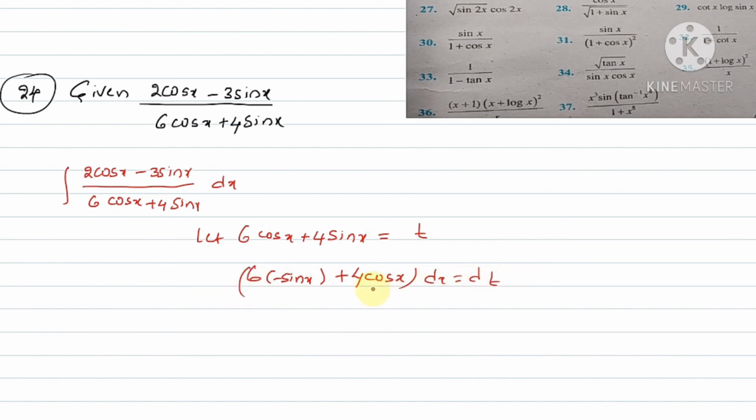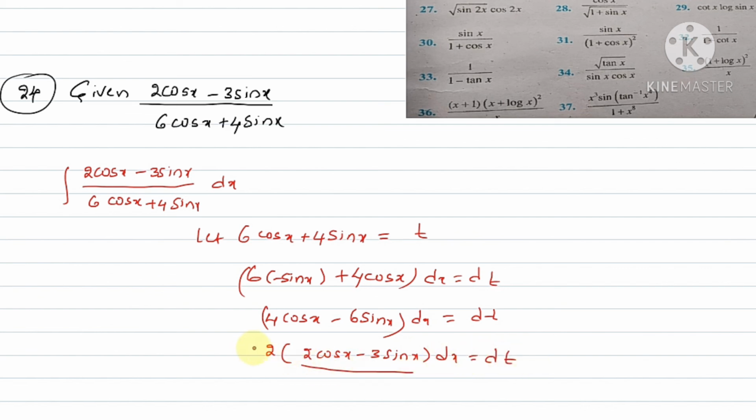This I am writing: 4 cos x minus 6 sin x into dx is equal to dt. So you take 2 common, which implies 2 times (2 cos x minus 3 sin x) into dx is equal to dt, which implies we want only this one. So this 2 goes to the other side, that is, dt by 2 comes here.